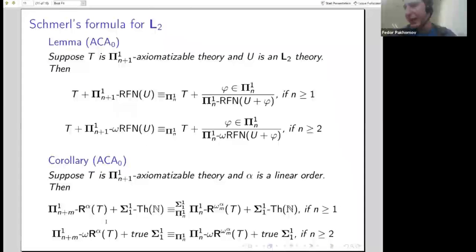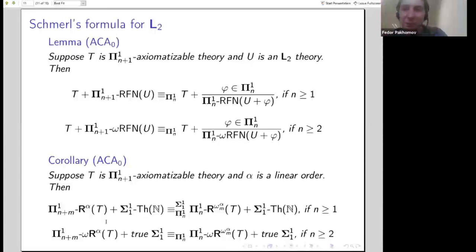In a sense, it's a kind of Schmerl formula, but with order one, because it's not a conservation result. It's just an equality. We just reduce omega-model reflection to iteration along this class of ordinals.